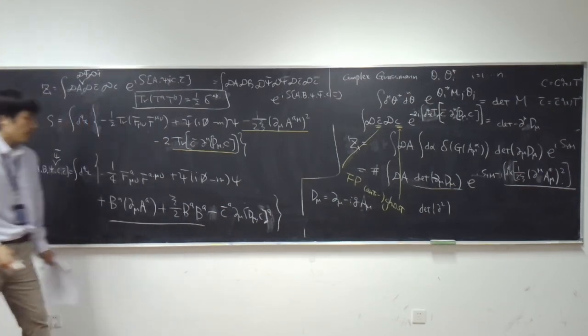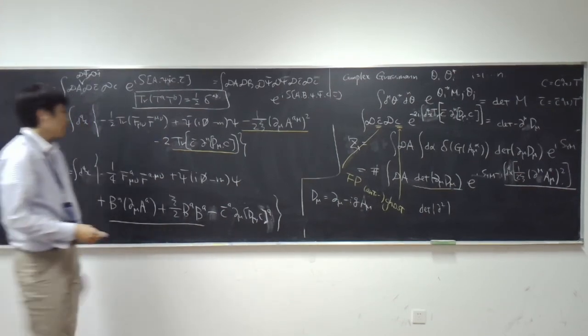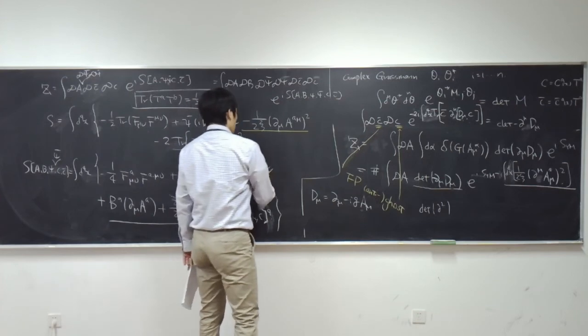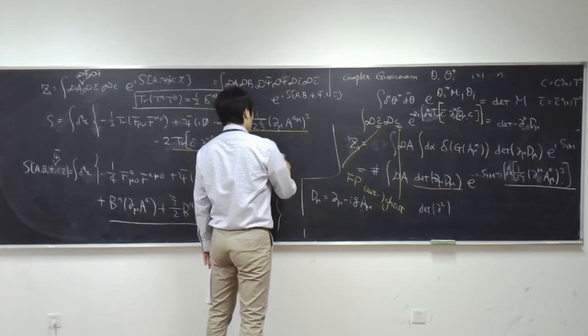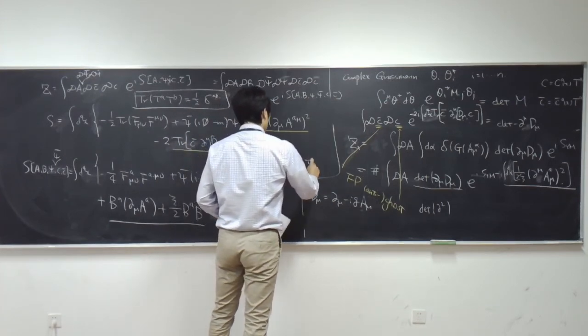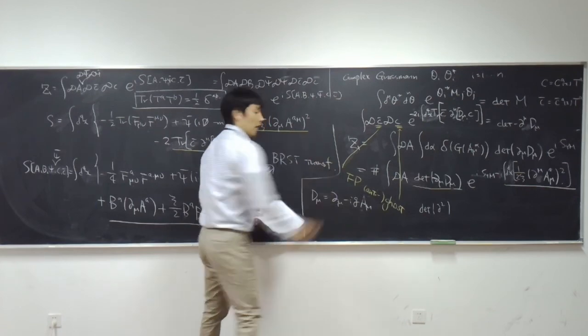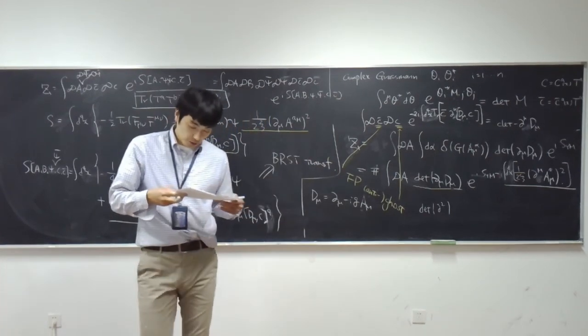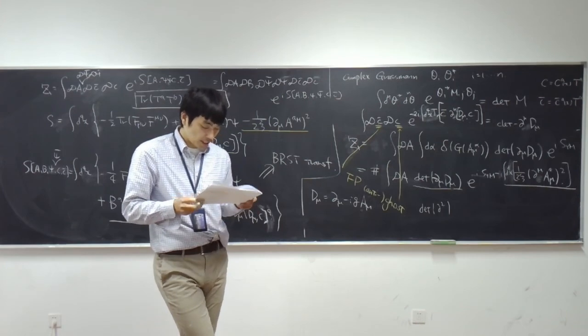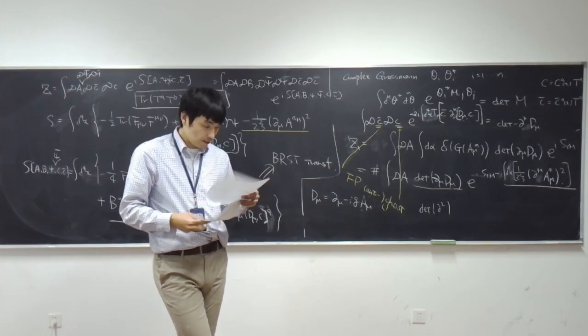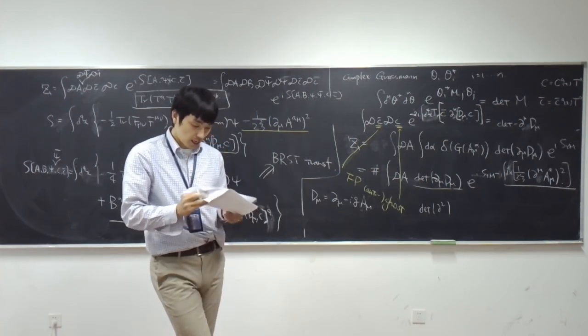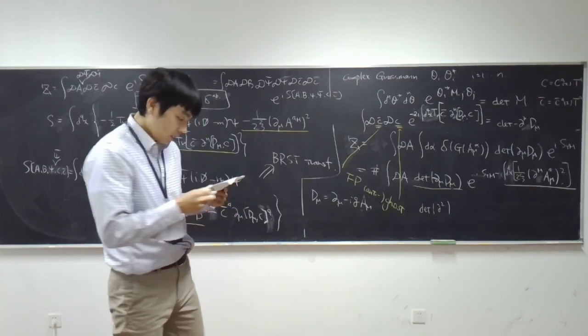And here, this action has a really nice property that it has a BRST transformation. I'm not going to write down what the BRST transformation is, which is the exercise in the homework, the last one, problem 3.